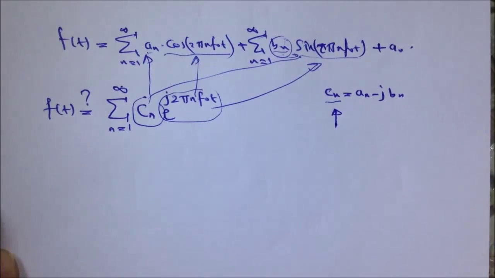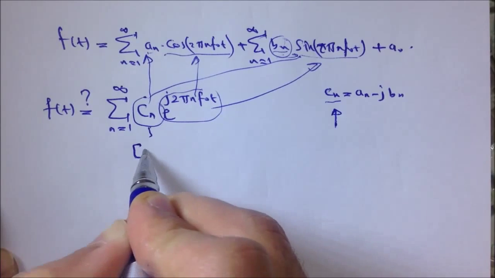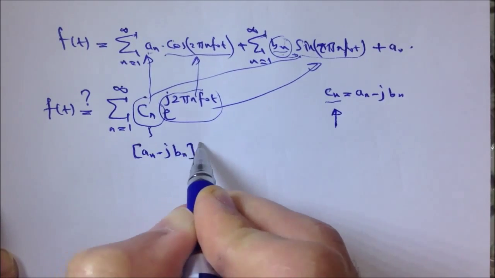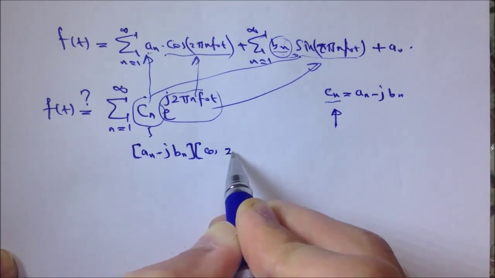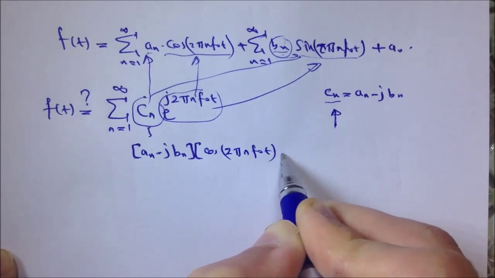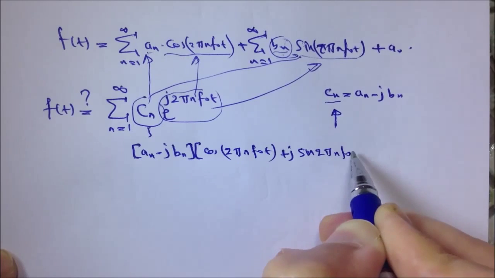So we have c sub n is a n minus j b n, and e to the j 2 pi n f naught t is cosine 2 pi n f naught t plus j sine 2 pi n f naught t.